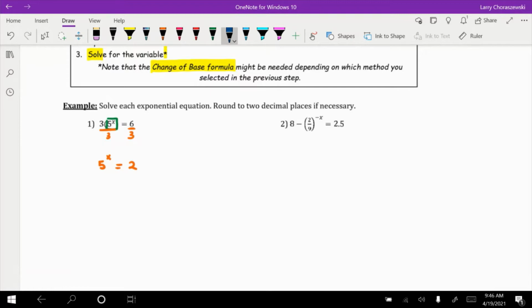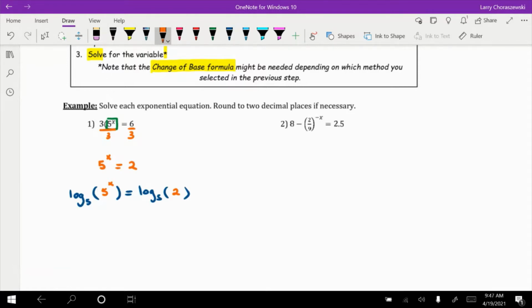In this case, the log we use should probably have base 5, but it could have base 10 or base e, depending on what you're comfortable with. Let me show you what happens if we use a log base 5. I'm going to introduce a log base 5 to each side of the equation. On the left, inside this log, will be 5 to the x, and 2 will be in the second log.